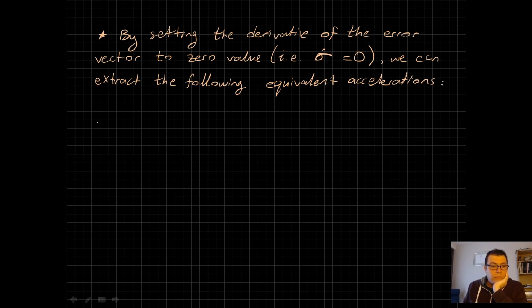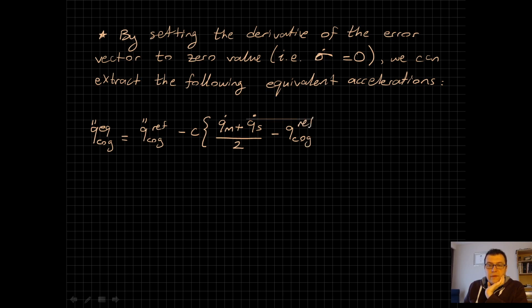So this is Q double dot COG equivalent is equal to QCOG reference double derivative minus C times QM dot plus QS dot over 2 minus Q center of gravity reference dot.